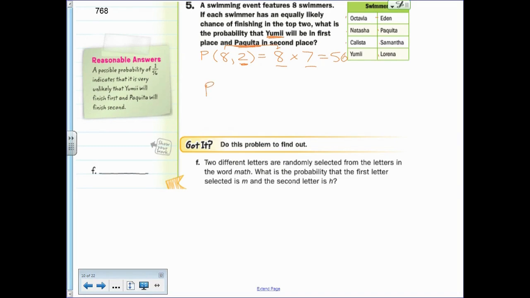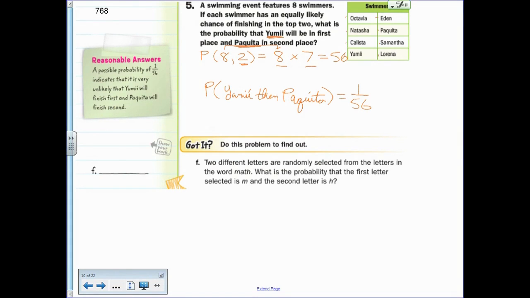Well, the probability of Yumi then Pakita would be 1 out of 56, because only one of these 56 different permutations of our 8 swimmers to 2 places would be Yumi then Pakita.